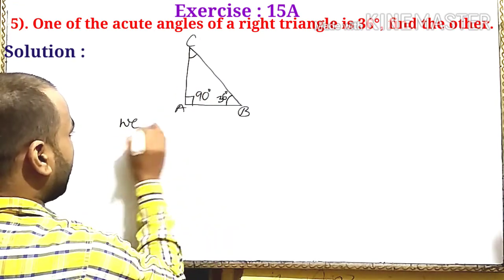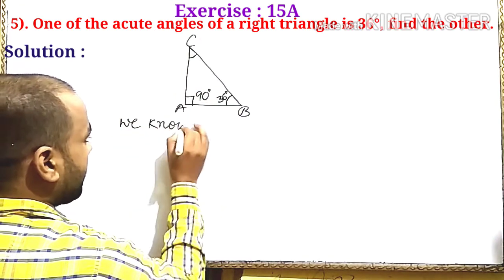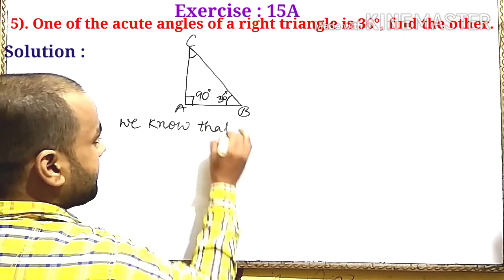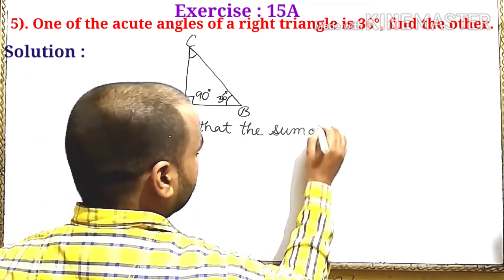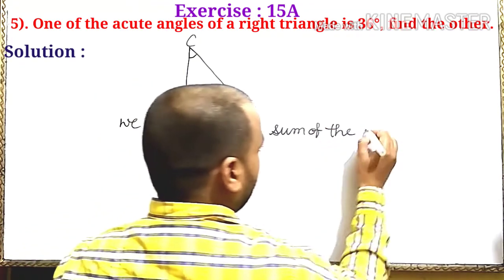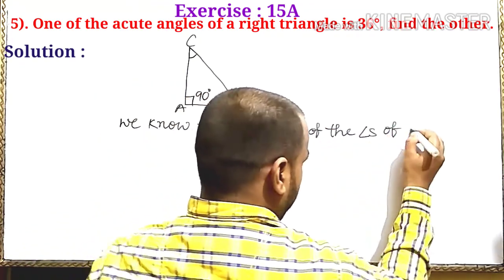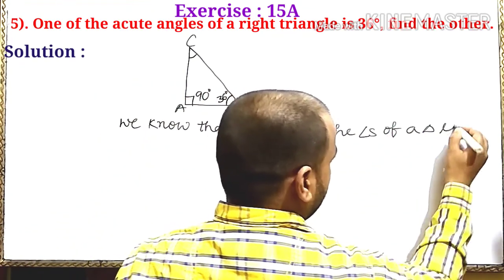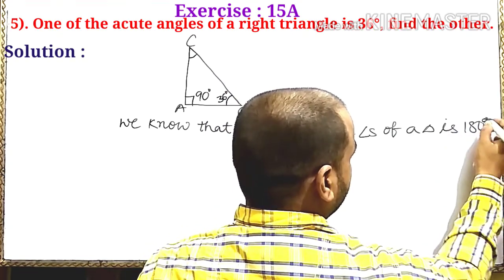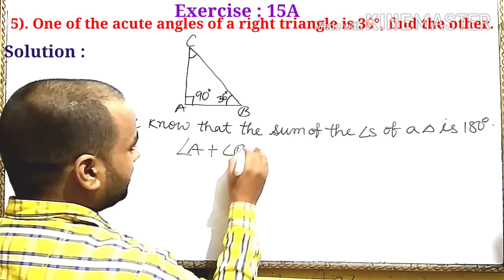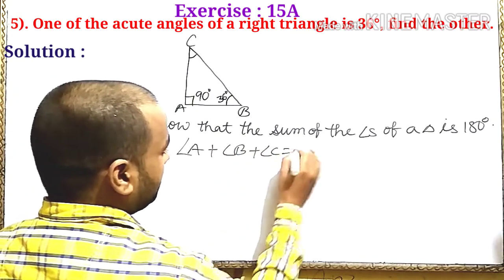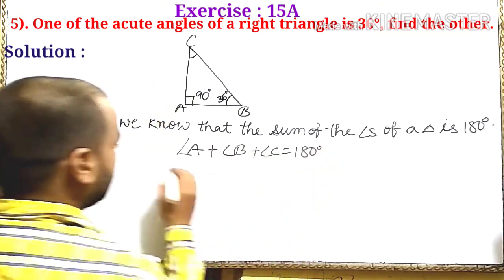So we know that the sum of the angles of a triangle is 180 degree. The angle A plus angle B plus angle C is equal to 180 degree.